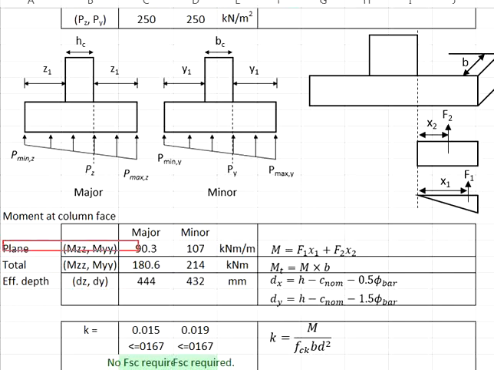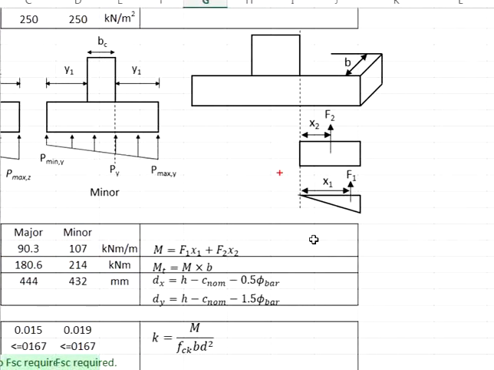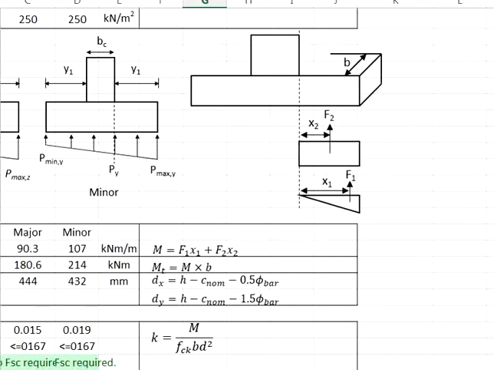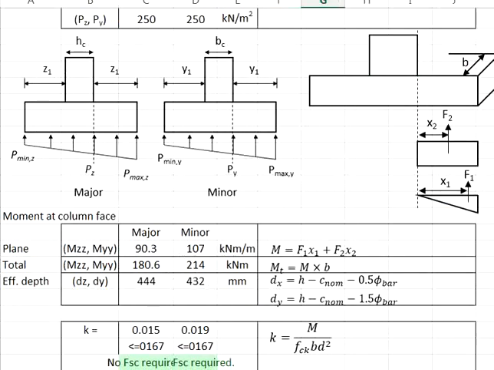Now, the calculated moment here will be on the basis of the plane stress. You will need to calculate the total moment. You may refer to this diagram here. The plane moment, you need to multiply with the width, which is b here, in order for you to get the total moment.